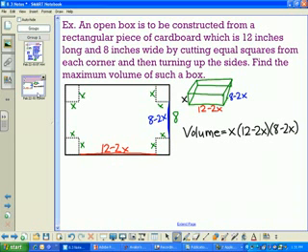This side, the 12 minus 2x, all the x's have to be less than 6, because if it was anything greater than that, I'd have negative values. You could do equal to 6. Now that one's going to be a little confusing because the side would be nothing long, so there'd be nothing left. But having no volume is perfectly reasonable.